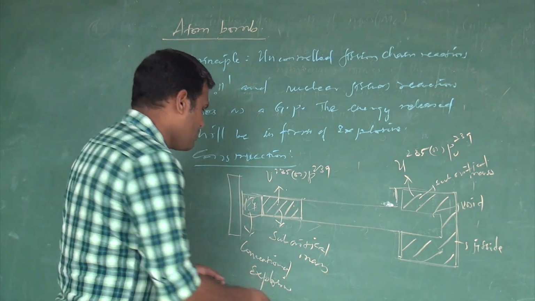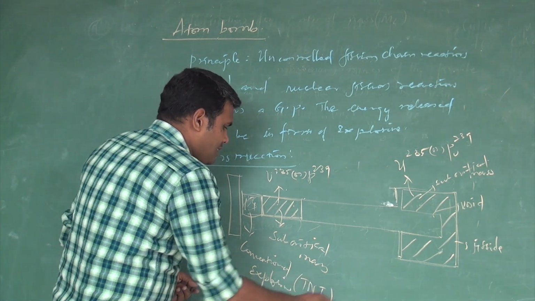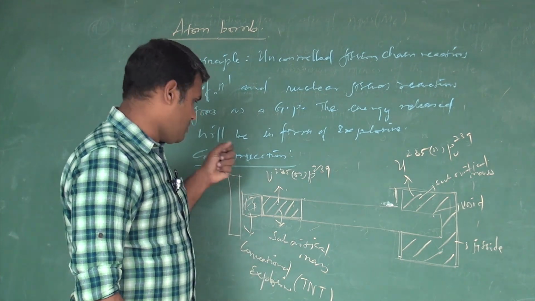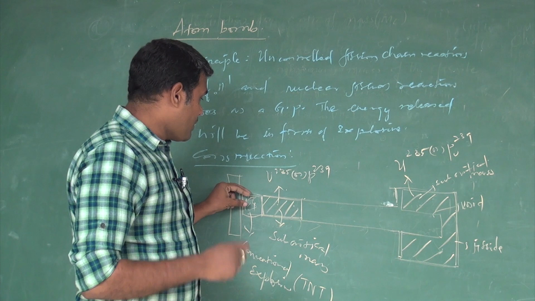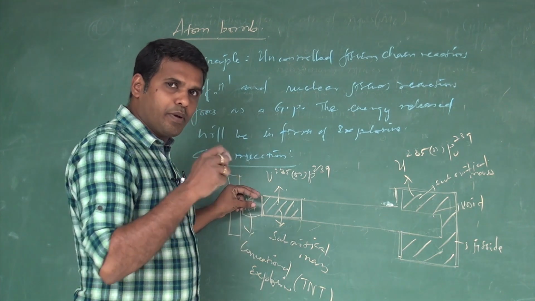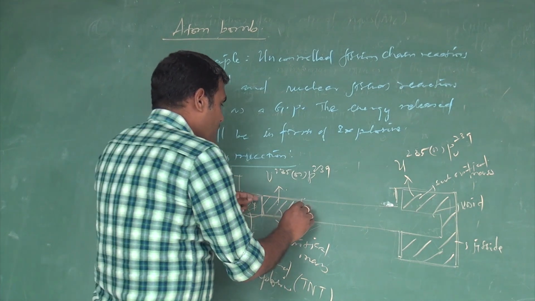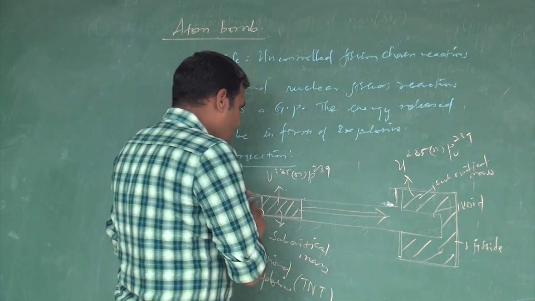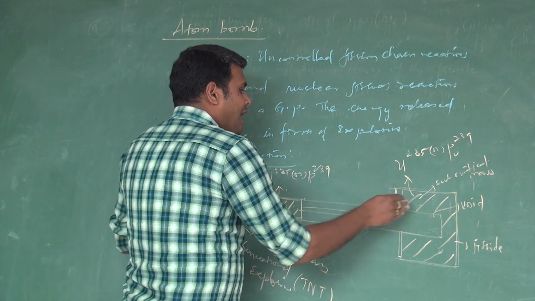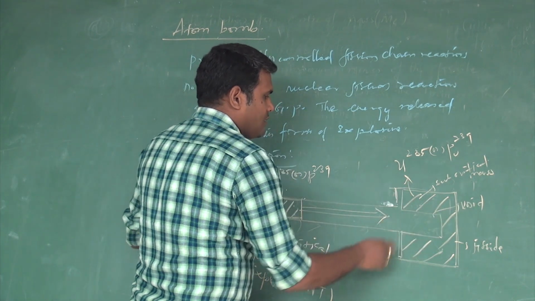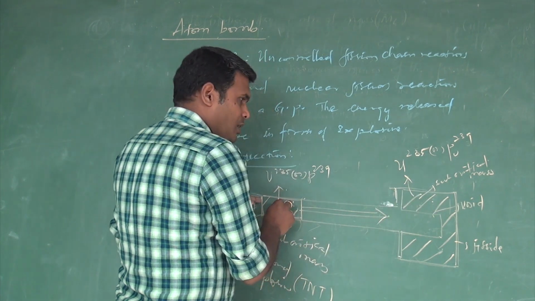A conventional explosive here can be taken as TNT, trinitrotoluene explosive. If the TNT explosive is exploded, it provides a pressure over this subcritical mass, so that it will be propelled. It will move, and then it will go and fuse into the void of this mass, which is also subcritical.